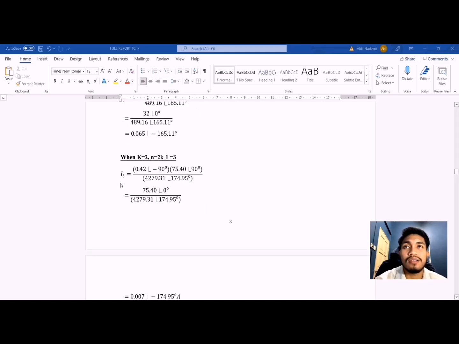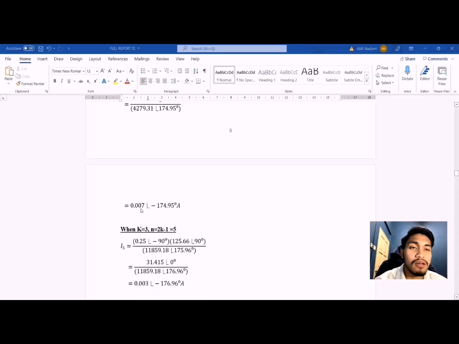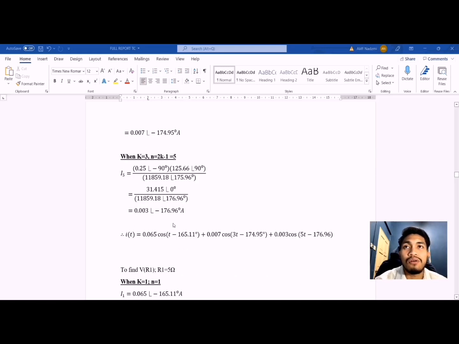For the I3, when k equal to 2, n is equal to 3, I3 is equal to 0.007 angle of negative 174.95 degrees ampere. For I5, which means k equal to 3 and n equal to 5, we have 0.003 angle of negative 176.96 degrees ampere. So here is the Fourier series of the current that is supplied through the circuit.